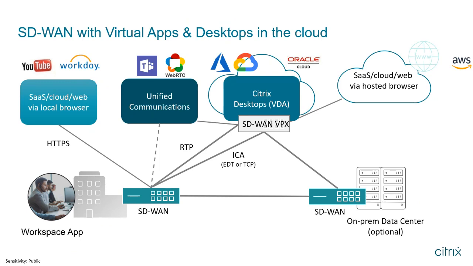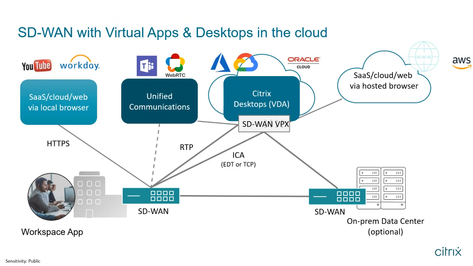Whereas as we have that Workspace app on that branch office and we have an on-premise data center, we can actually accelerate and do a breakout of that ICA traffic to the Citrix virtual apps and desktops sitting in Azure or some other cloud, and accelerate that traffic then off to a SaaS provider, and then take that unified communications and actually break that out as well.